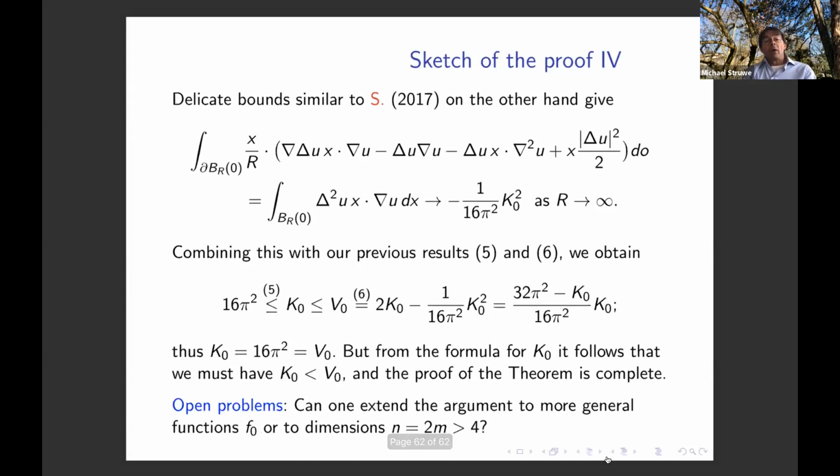And moreover, does the argument that I presented to you in 4 space dimensions stop there, or can one extend the result to higher dimensions still, when n is equal to m strictly larger than 4?